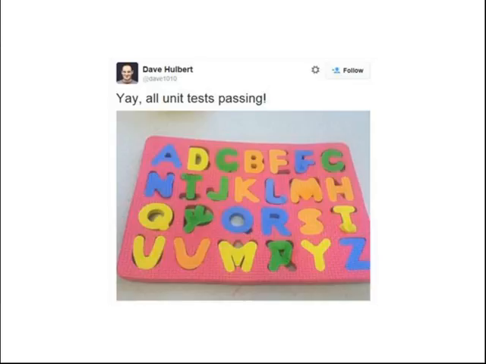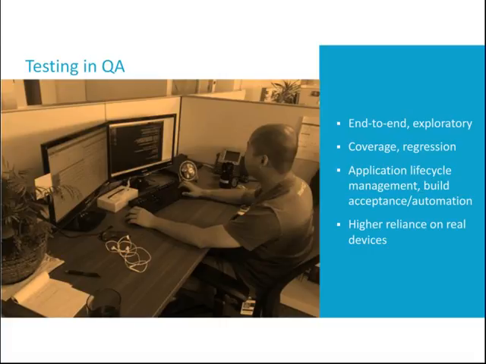So let's talk about QA, because really when things come together, that's at the quality assurance stage. And the QA teams have access to resources and they're really oriented around a different set of objectives than the developer. And so their testing needs and their requirements and their priorities are going to be focused differently.